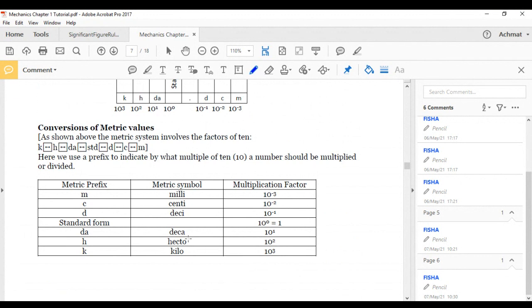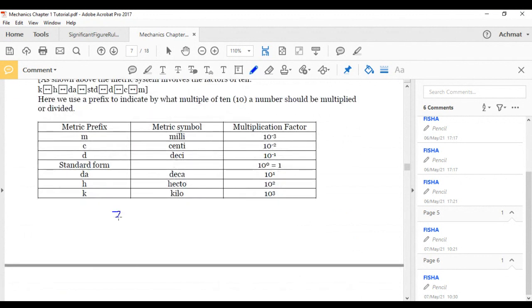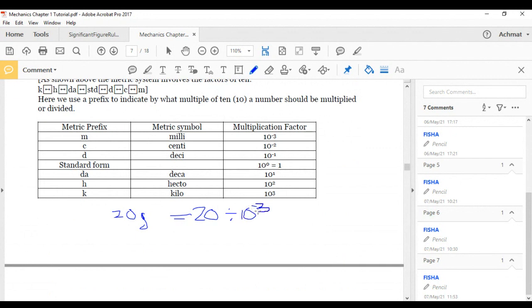Right. So what did I say? If I were to have 20 grams, let's see there, 20 grams, and you want to convert it to milligrams. What do we have to do? We have to divide by the multiplication factor of milli. Right, so 20 grams would be equal to 20 divided by 10 to the minus 3, and that effectively means 20 multiplied by 10 to the 3.